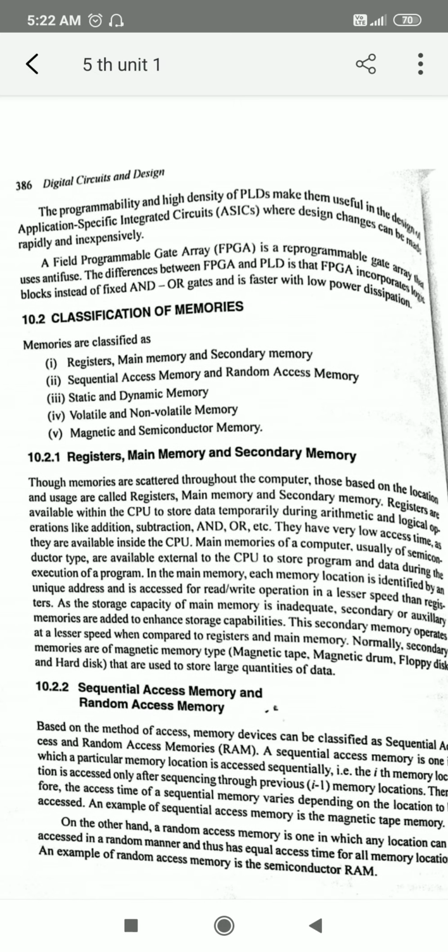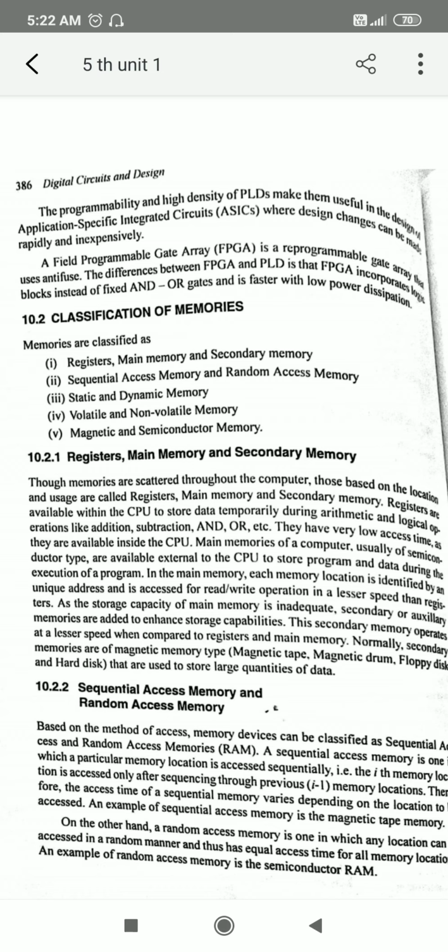We have seen the classification. These classifications of the memories are based on registers, main memory and secondary memory, sequential access memory and random access memory, static and dynamic memory, volatile and non-volatile memory, and magnetic and semiconductor memory.